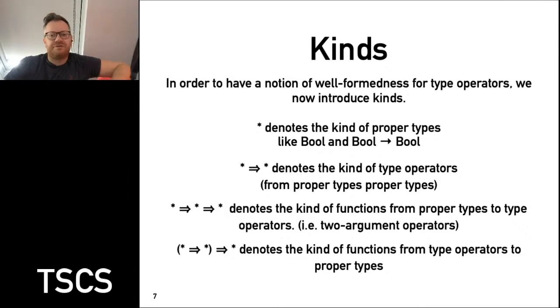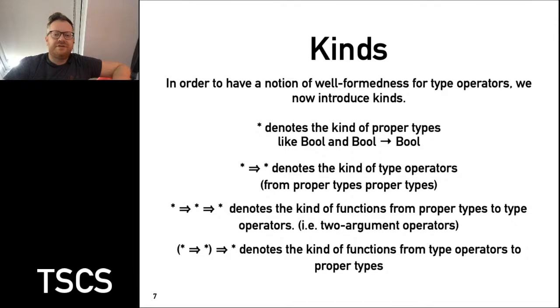Kinds are typically expressed with stars and arrows, which is just a syntactic way of doing that. The star denotes the kind of proper types. These are things like bool or function types like bool to bool. All the types that we've seen before, with the exception of type operators, are proper types. Any type like bool, nat, int, string, whatever, is a proper type.